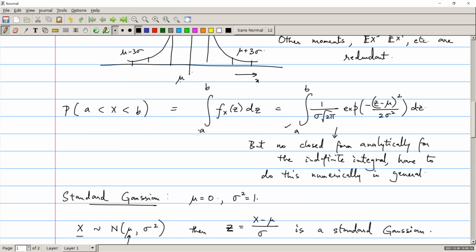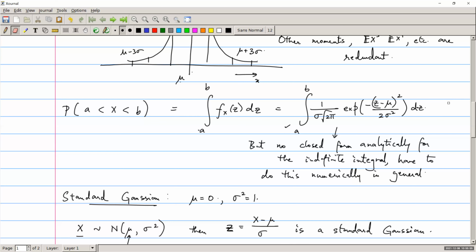From those integral values, you take this random variable x, convert it into a standard normal, and you would have these tables which tell you all these integrals for various ranges of a and b for a standard normal. Then you would look that up to compute this integral. Of course the whole point is moot now, you can directly feed it into Python and it will do these calculations for you. But it's good to know how people used to do things.